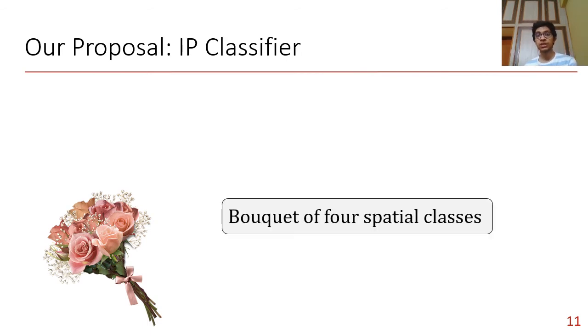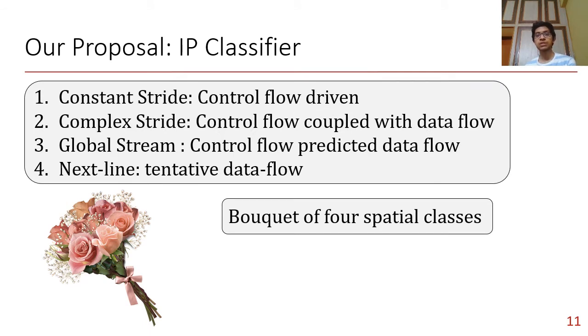IPCP is a bouquet of 4 spatial classes. Each class is distinguished by the way it interacts with the control flow and data flow. The constant stride class uses the IP to identify strides, which are then used to prefetch the next access. Therefore, this is solely control flow driven. The complex stride class associates stride access patterns instead of just a single stride with the corresponding IP to make a prediction.